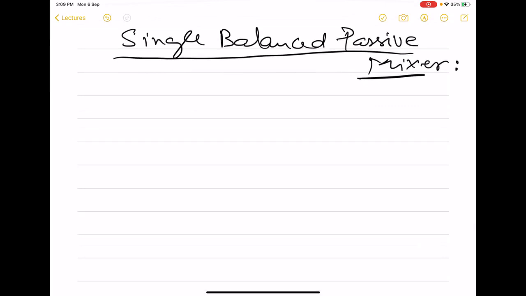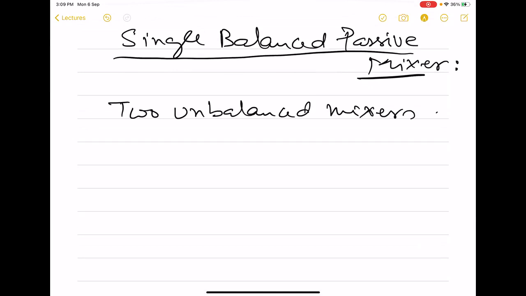So in single balance case, what we do is we take two unbalanced mixers to create single balanced mixer.